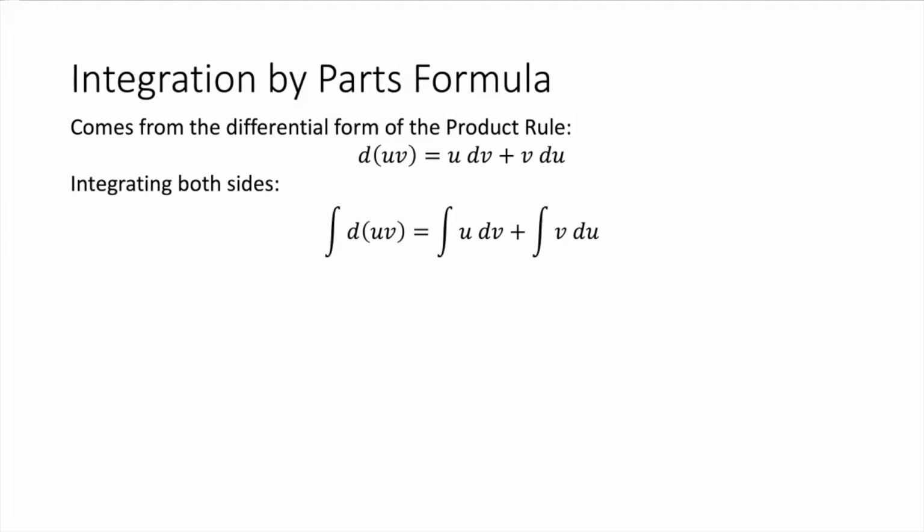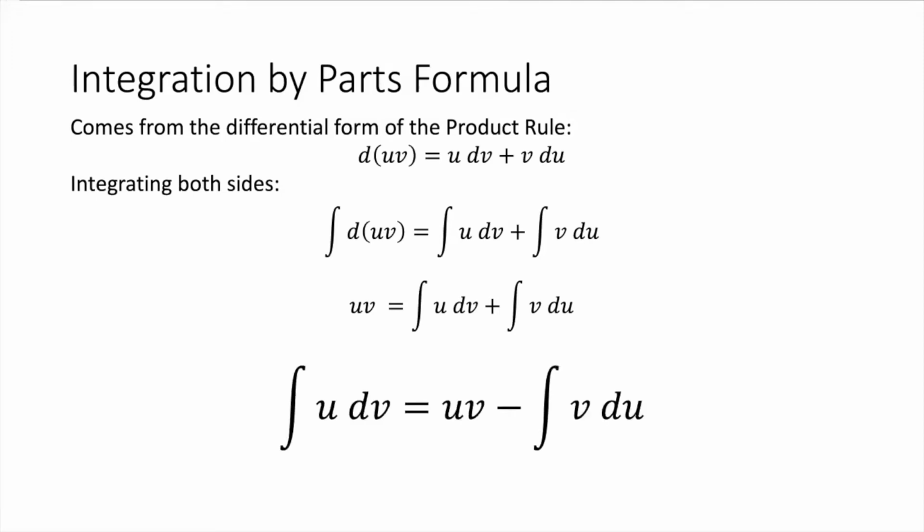And then the integral of the differential of uv is just uv. And now if I solve that equation for integral u dv, you get this. The integral of u dv is equal to u times v minus the integral of v du.